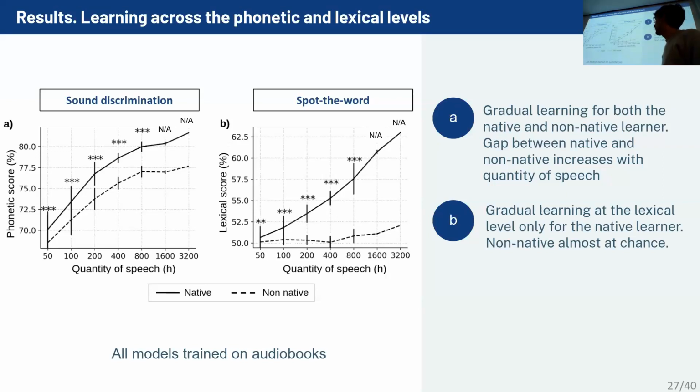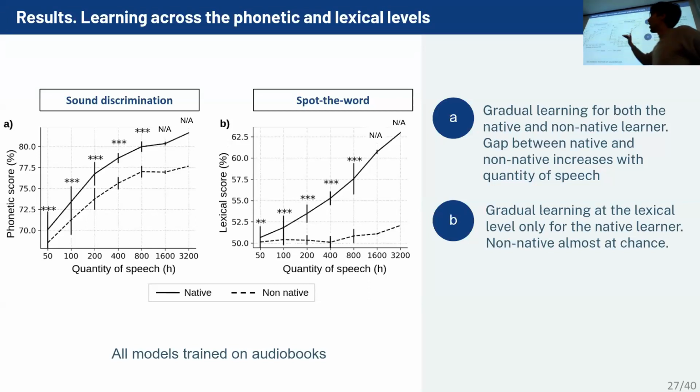There's not as much learning as in the native condition, which makes sense. So the quantity of speech in that second one, is that in training or in testing? This is a testing time. Okay. So again, the relatively flat dashed line makes sense. Receiving English utterances doesn't help you to know what a French word sounds like.